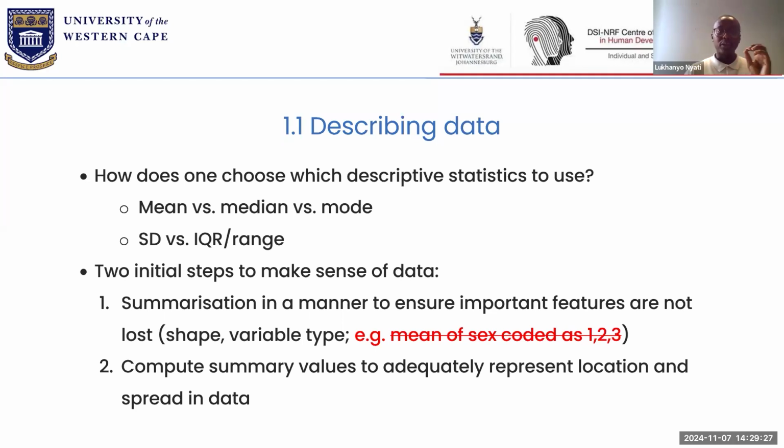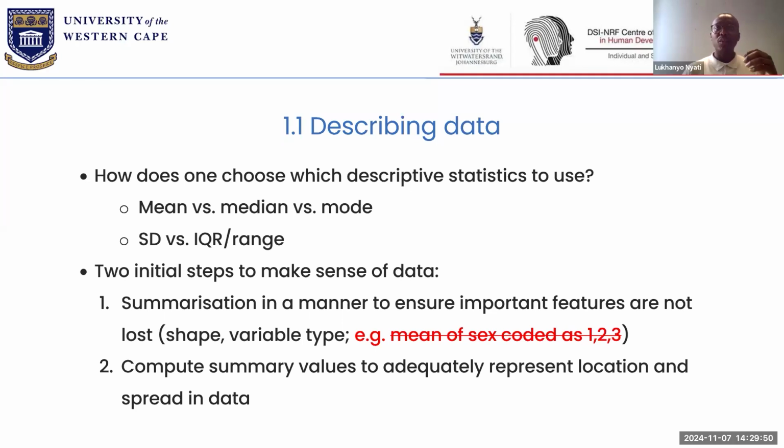Whether you remove or you keep the outlier, the median is not going to change by much. But if you remove an outlier, that may drastically influence the value of the mean compared to when you keep it.